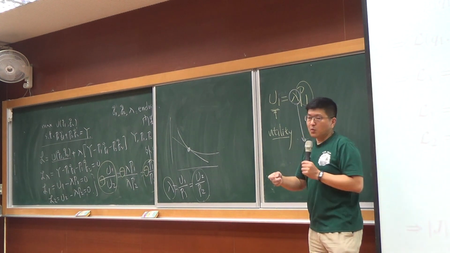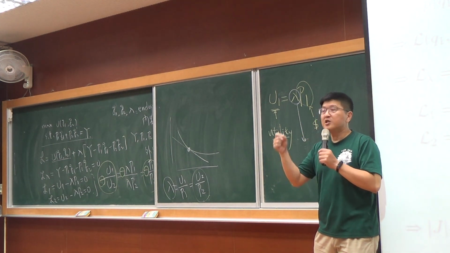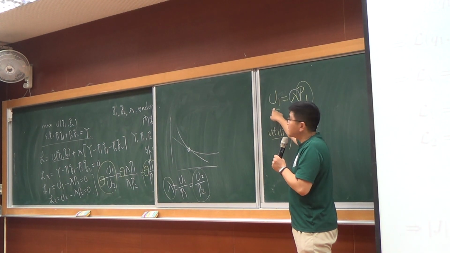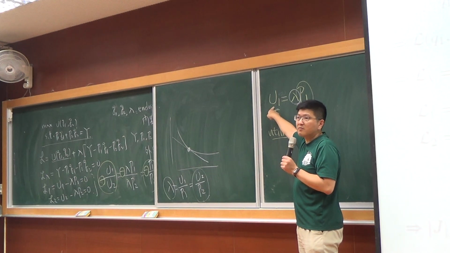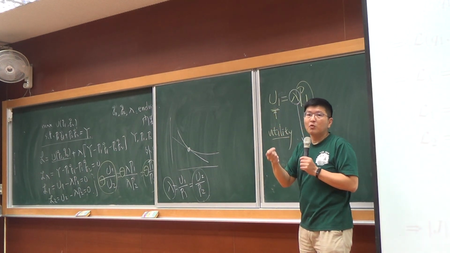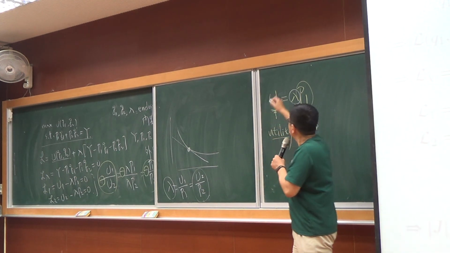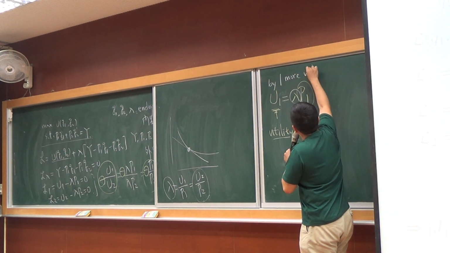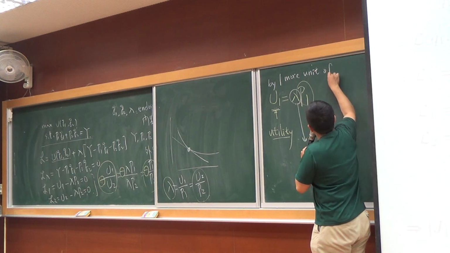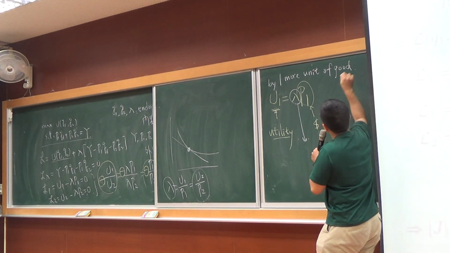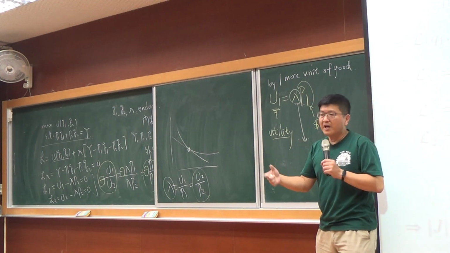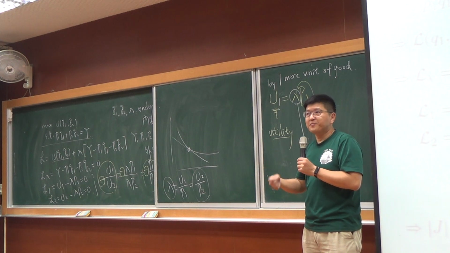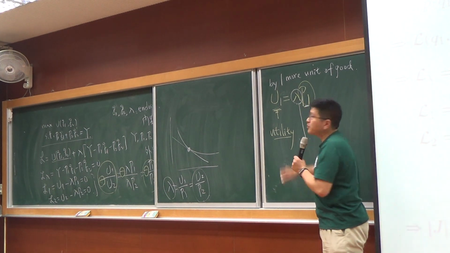Now, if we want to consume 1 more unit of a good, so that we may have MU1, right? If you want to have 1 more bowl of beef noodle, 1 more slice of pizza, you have to pay the price for it.